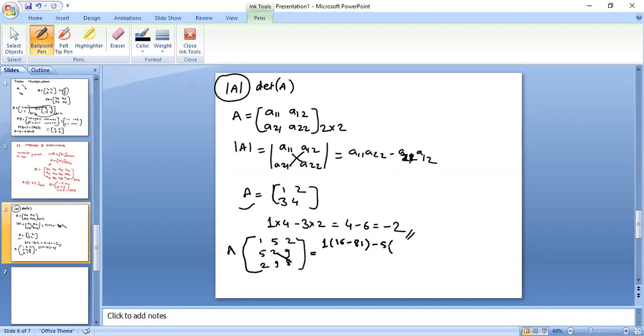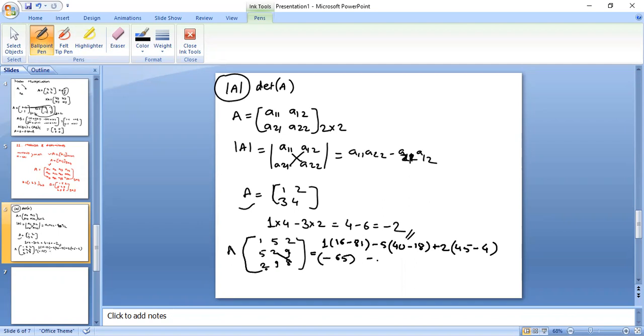Okay, 5 into 8 is 40 minus this 9 and this 2 is 18, then plus this 2. So 9 into 5 is 45 minus 2 into 2 is 4. Okay, this is minus 65.